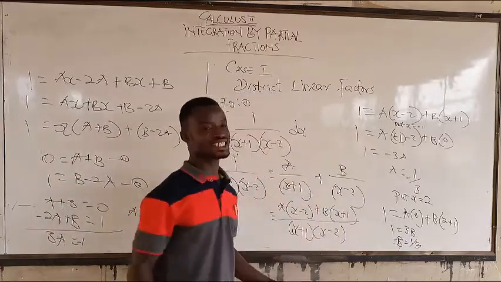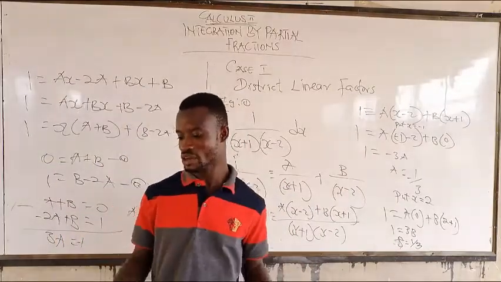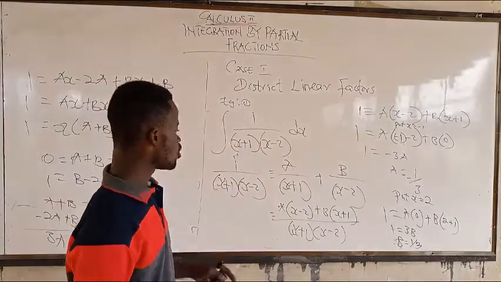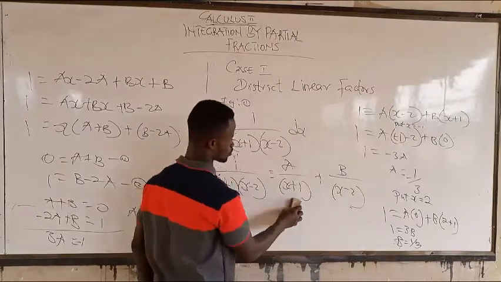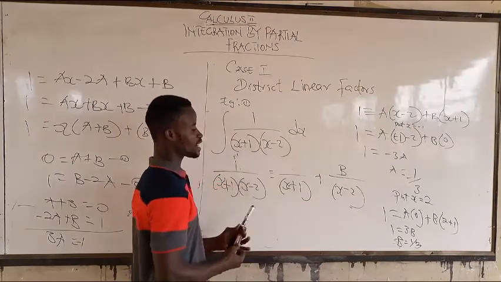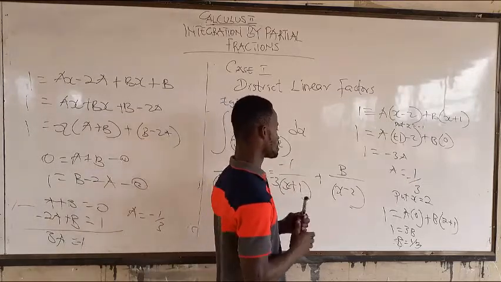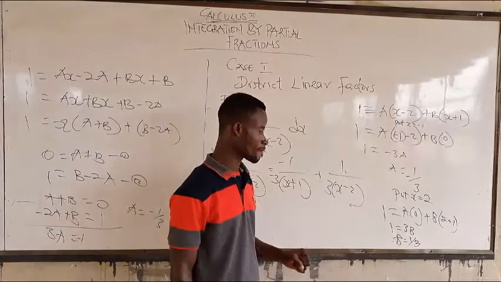So after getting the A and the B, what is the constant? What are we going to do about it? What we are going to do about it is very simple. We are going to do the substitution back into this. So you come back. A is negative 1 over 3. B is 1 over 3.